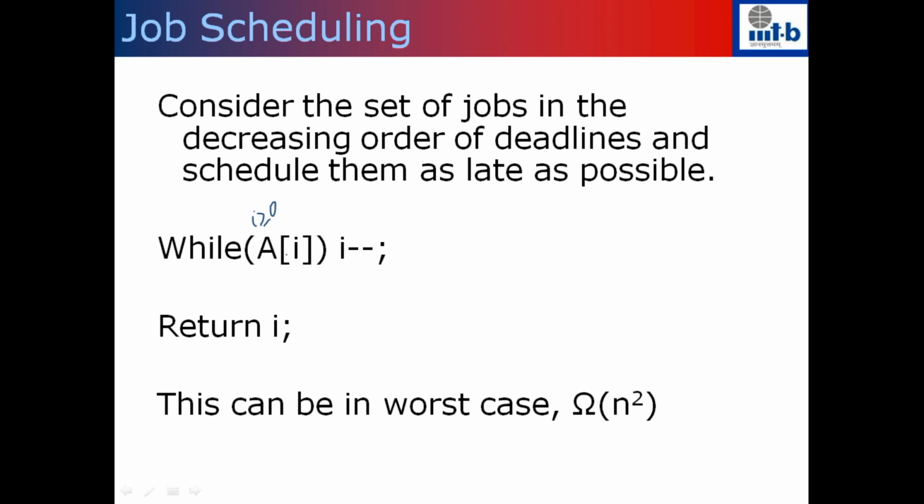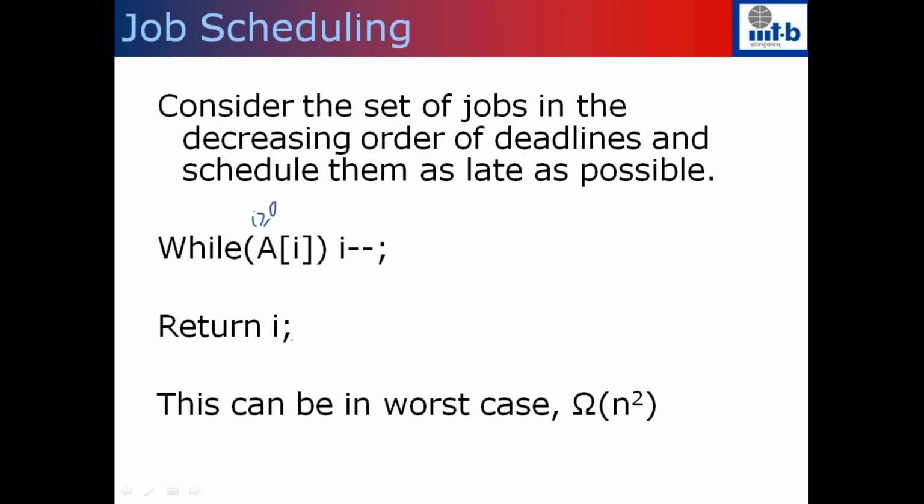If I is still positive, that means that A of I is 0 there, that means that on the ith day we have not scheduled any job, so you can schedule it on the ith day. So when you return this, if you get a -1, the job that you considered cannot be scheduled. If you get an index which is greater than or equal to 0, it can be scheduled on that particular day. So you turn A of I to be 1 from 0.